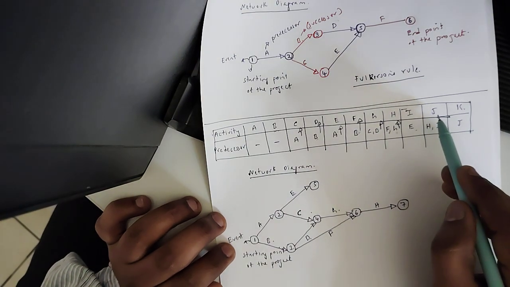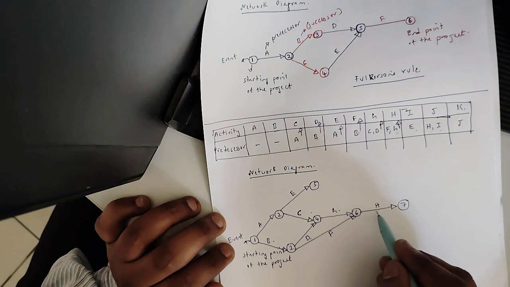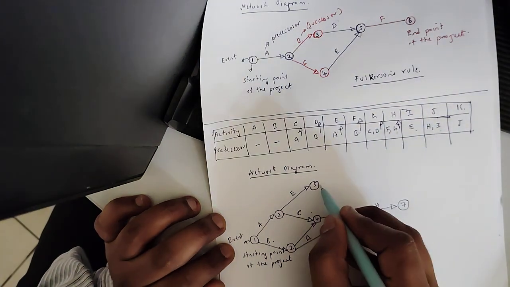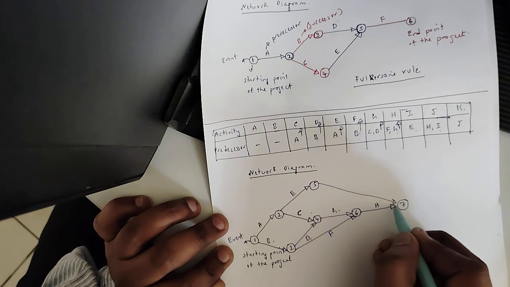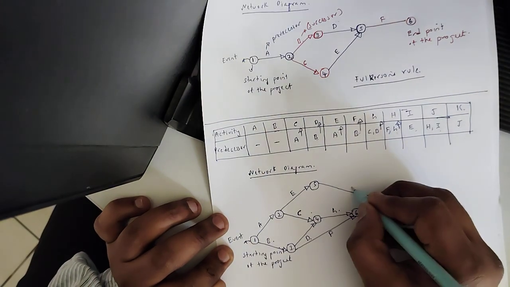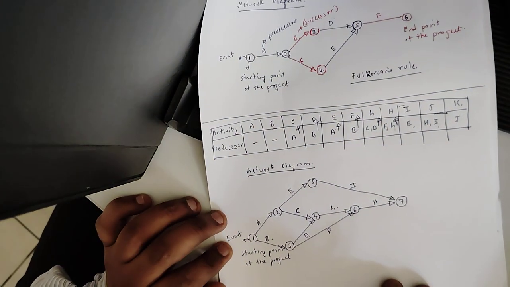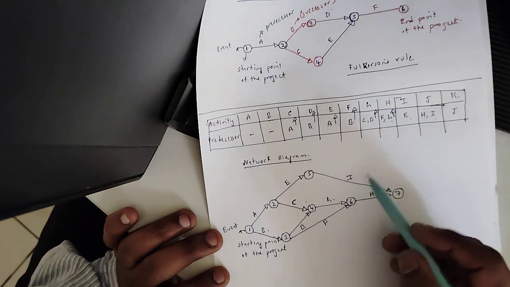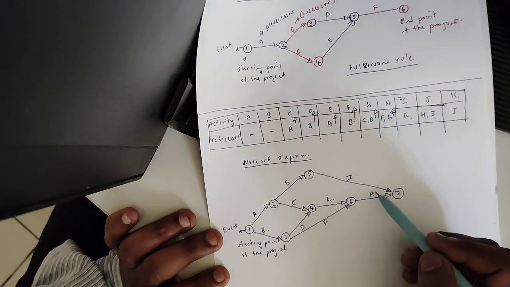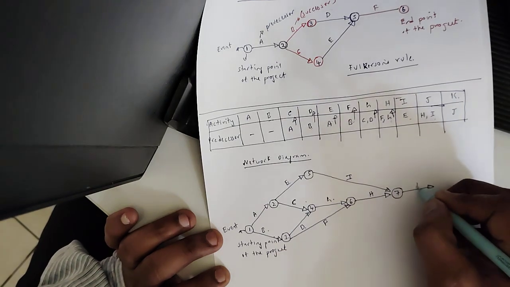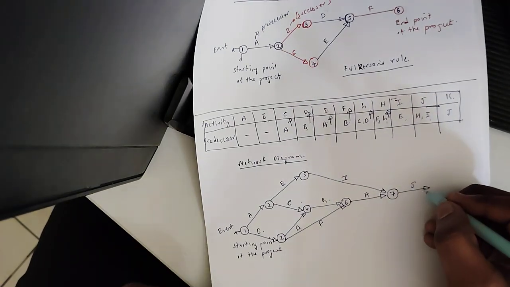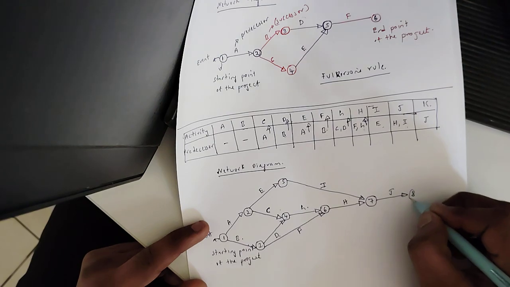Where is H? H is here, and where is I? I should connect from the 5th event to the 7th event. So this will be your I. Now I and H will be the precedence for J. This is J, and I'll mention this as event 8.